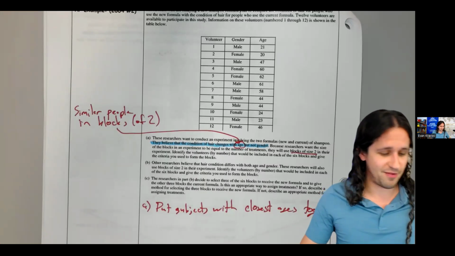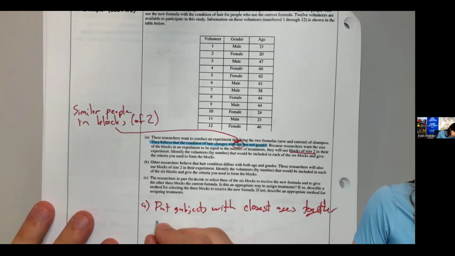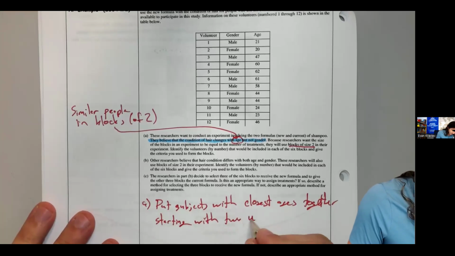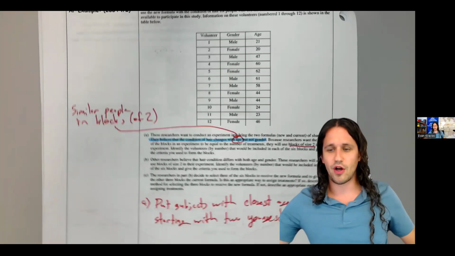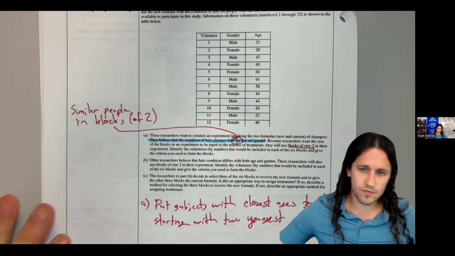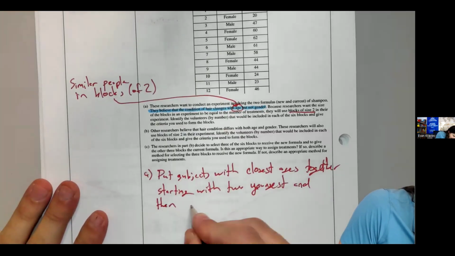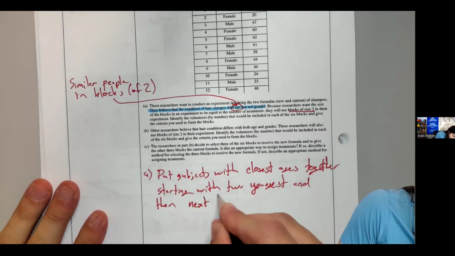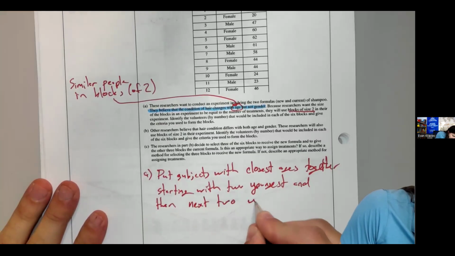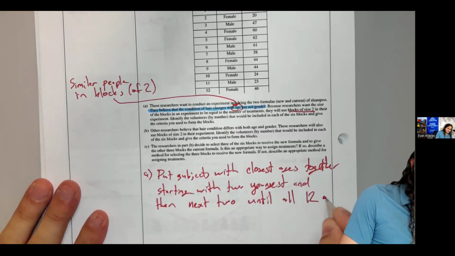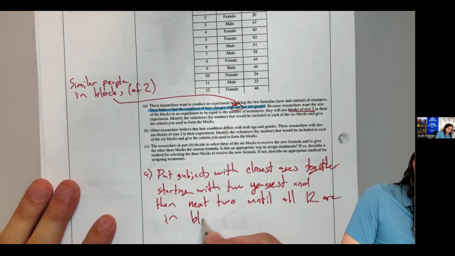Tell me a little bit about the method you're going to use, starting with the two youngest and moving on one by one. And then next to, until all 12 are in blocks.